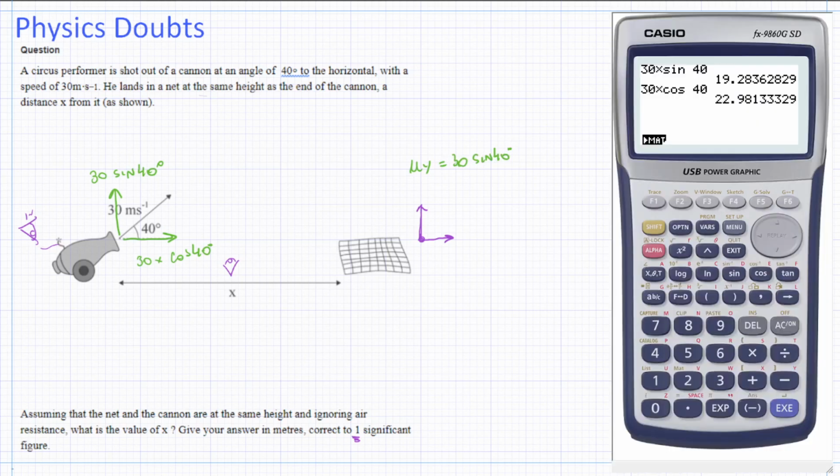Just for you to have an idea of the values, that initial velocity on the y-axis would be about 19.3 meters per second. If we were to round those already, we would have a very wrong number, right? A huge discrepancy. So for now, we're going to keep the sines, but just for you to understand how large that value is, it would be around 19.3.